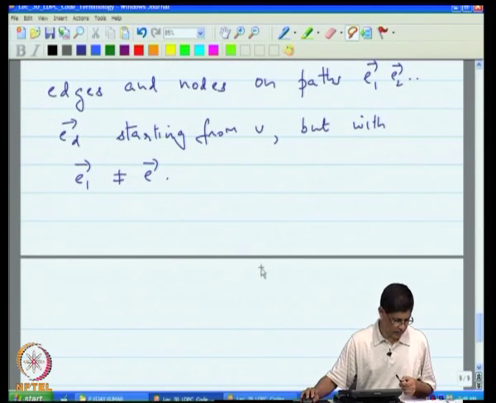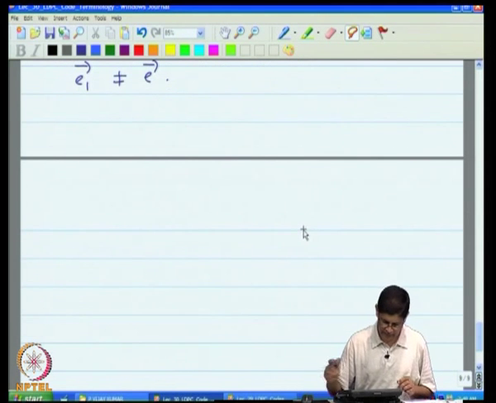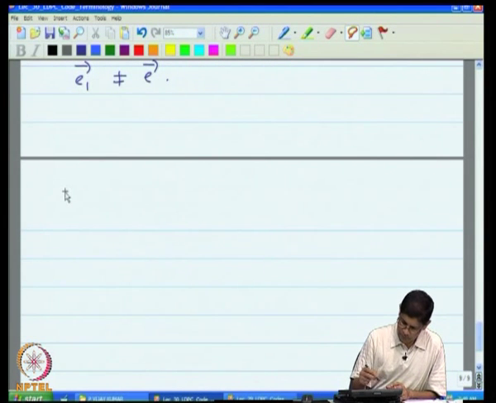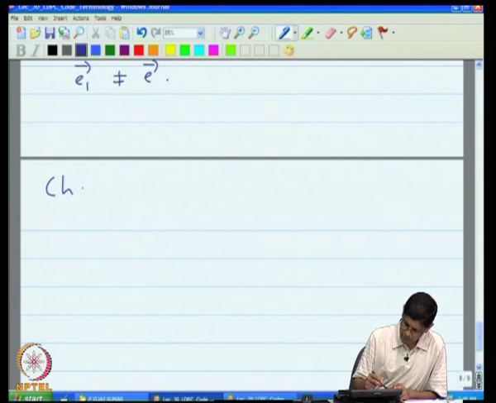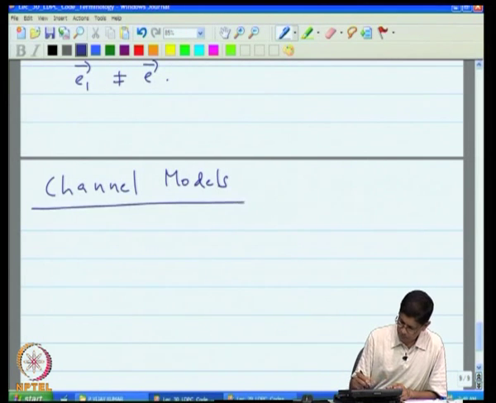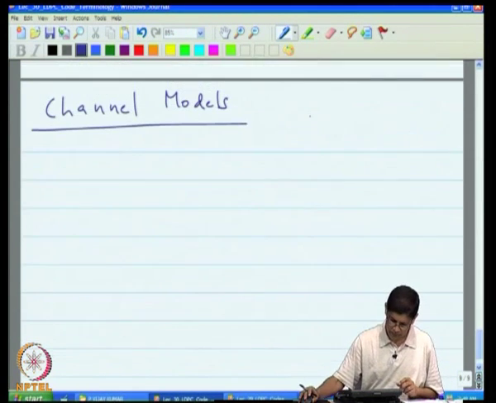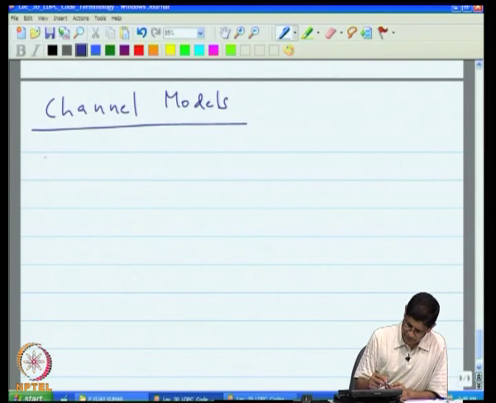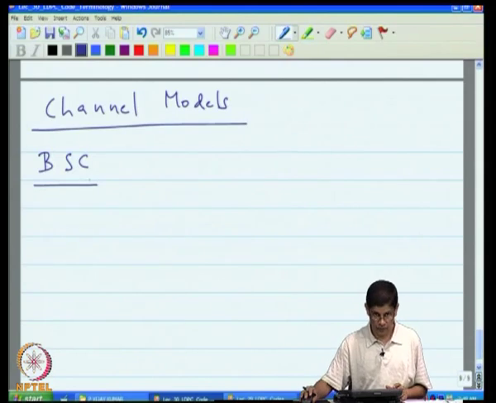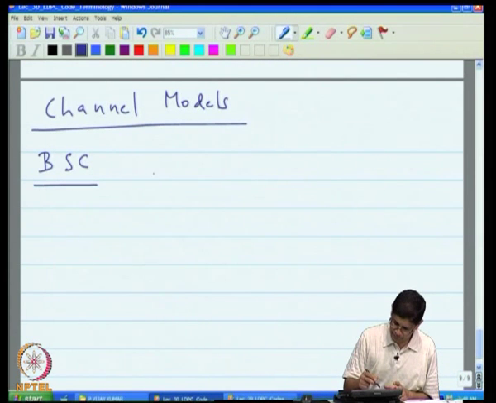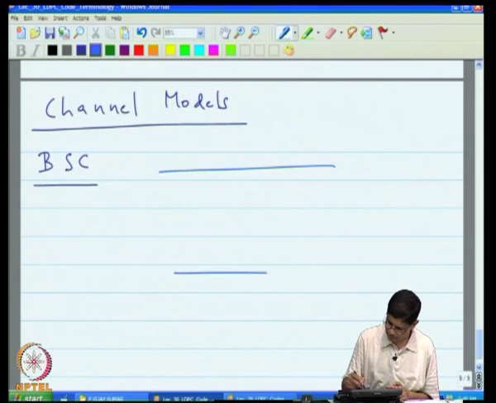So, next we will talk about channels. The two channel models that we have in mind are, first of all, the binary symmetric channel, and we have already seen this before. The binary symmetric channel looks like this.